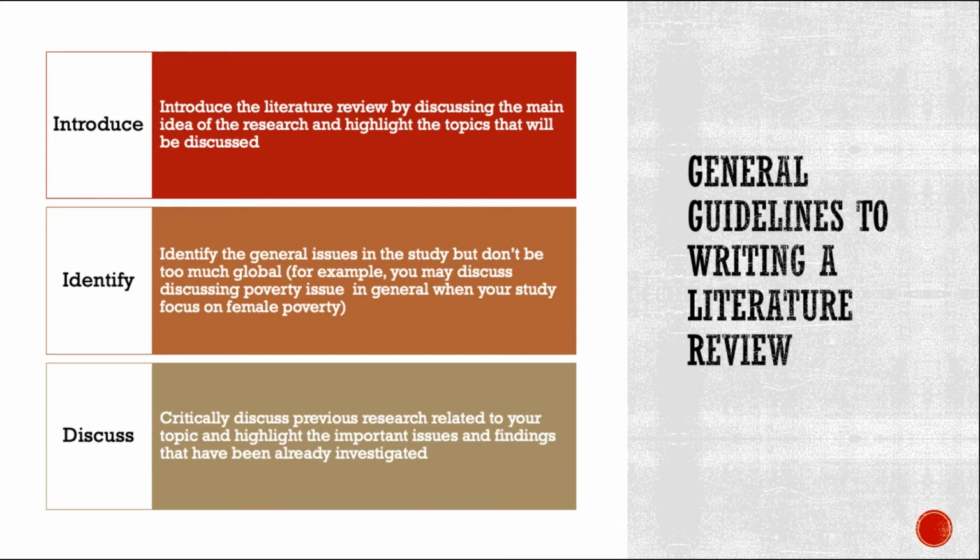So before you go into details about female poverty, you must give a general discussion on poverty as a whole, maybe in Asian countries, maybe in the world, then in Malaysia, then how previous studies generally tackled this problem or investigated poverty. Only then do you go into details and start to focus more on female poverty.